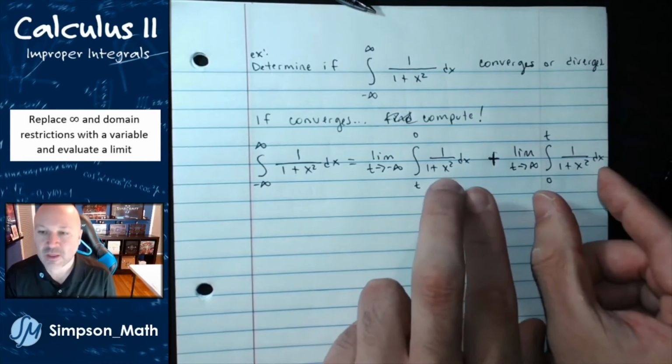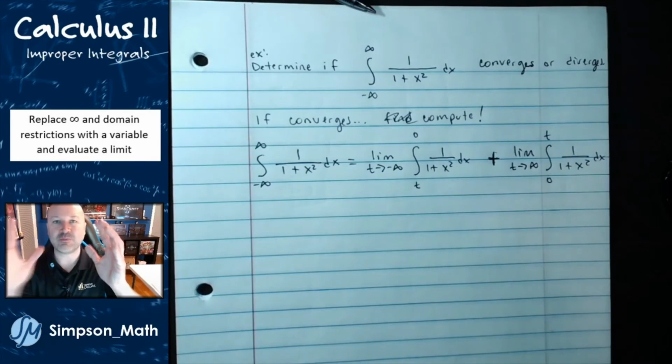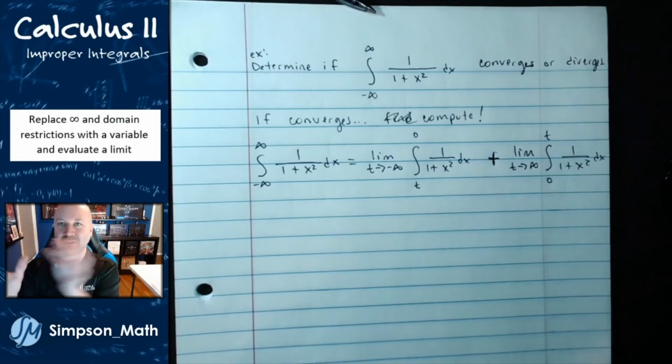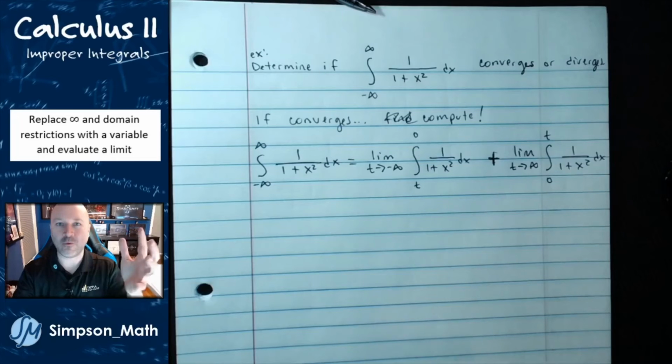Basically, if you take the entire function and you split it up into two different portions and you add those together, that should be the whole function.